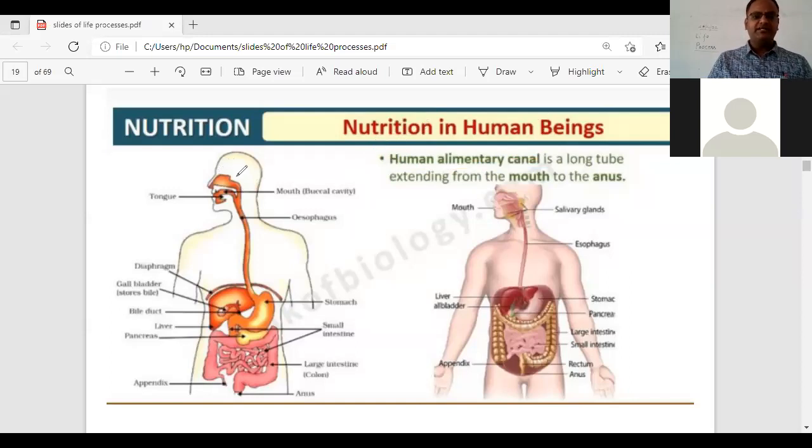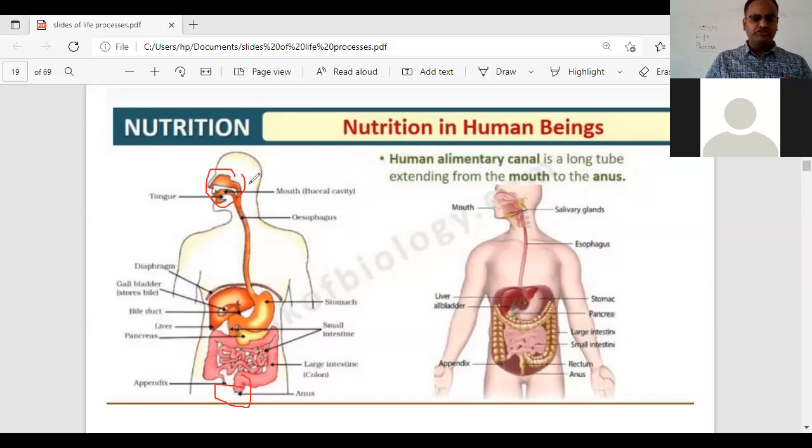See the human alimentary canal. Here is the opening, or we can say the beginning. First of all, the alimentary canal is a long tube. It has two openings. One opening is the mouth and the other opening is the anus.